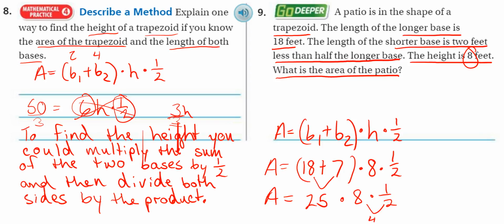So we've learned that when you're only multiplying, you can change the order of things. So 8 times 1/2, or half of 8, is 4, and then I just do 25 times 4. Well, I can do that quickly and easily because I know 4 quarters makes $1. So the area equals 100, and it's feet squared.